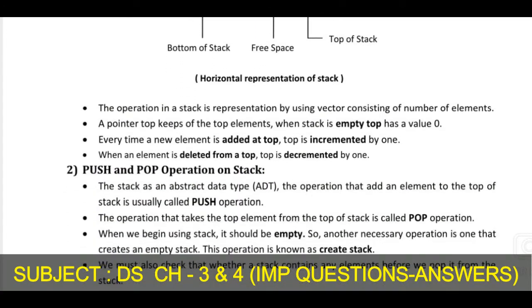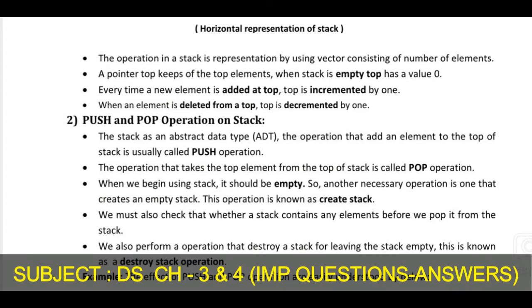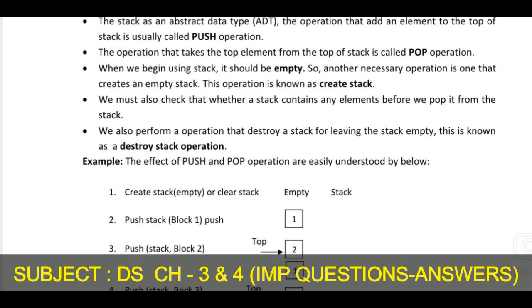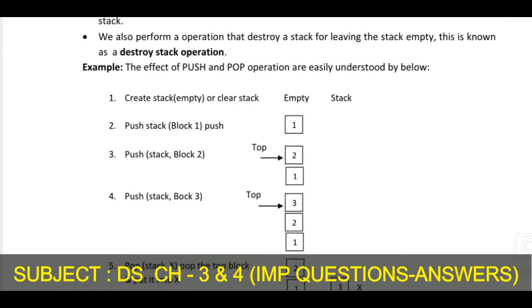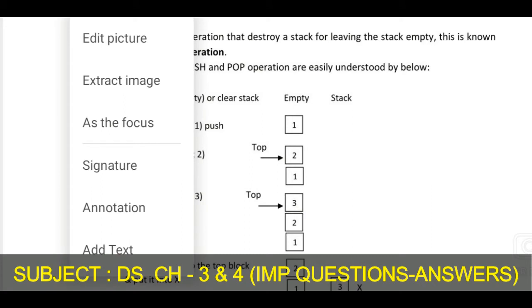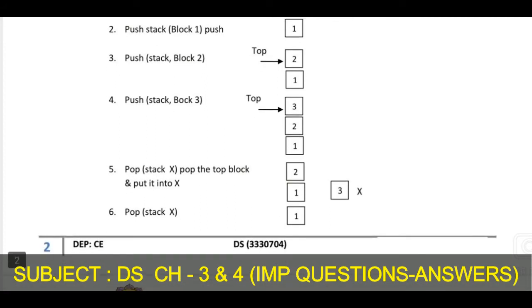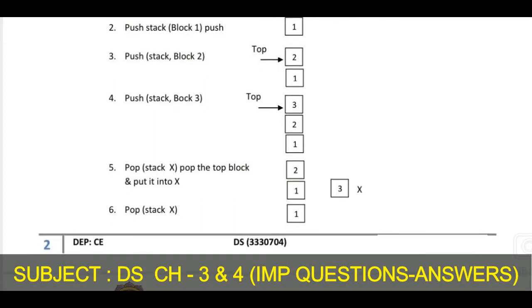And then next, the second one is push and pop operation on stack. So how can we perform push and pop operation on stack? So this push and pop operation is easily understood by the figure below. So here, first of all, create stack or clear stack. It means we can say clear or empty stack.